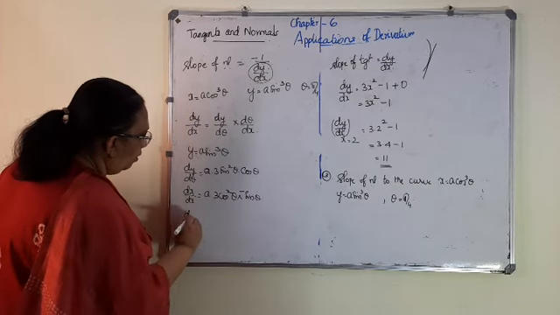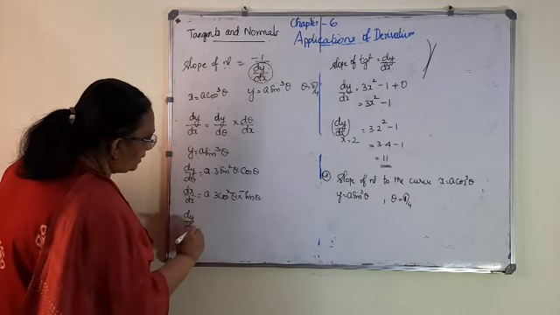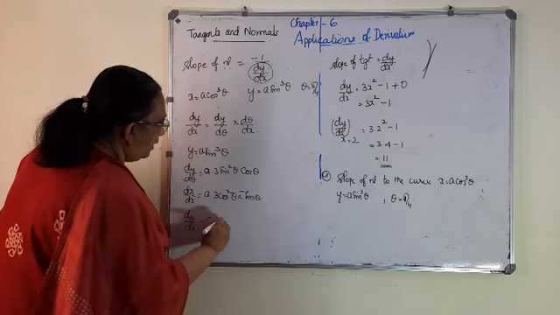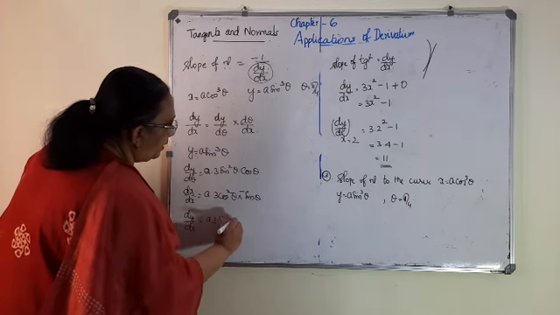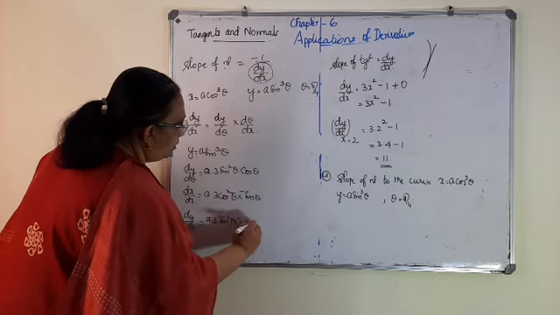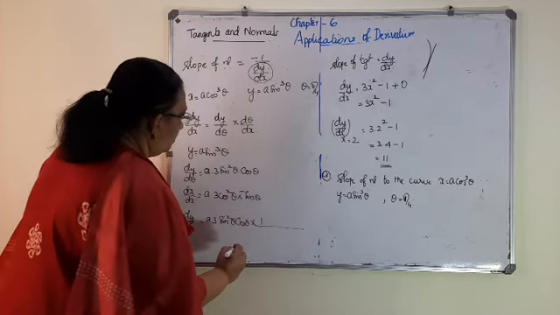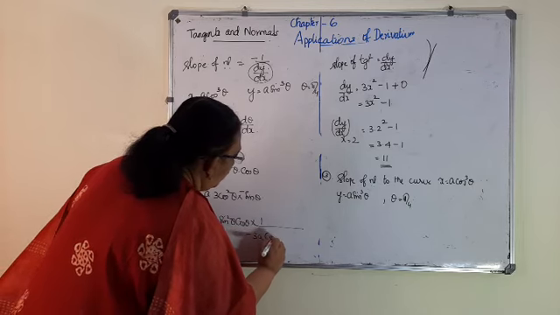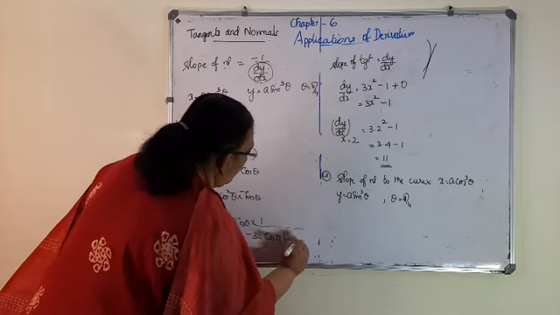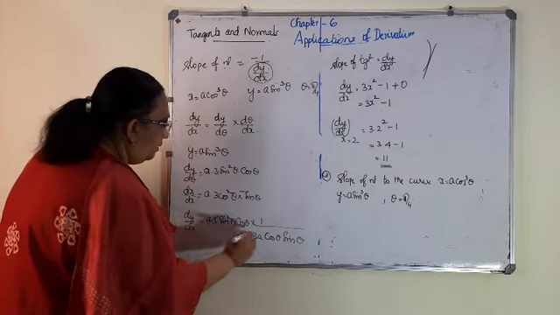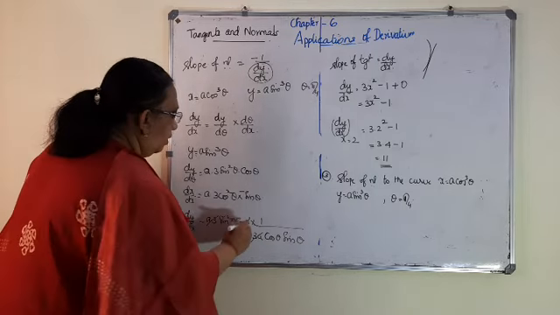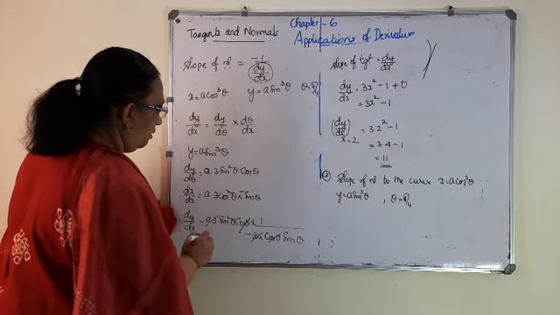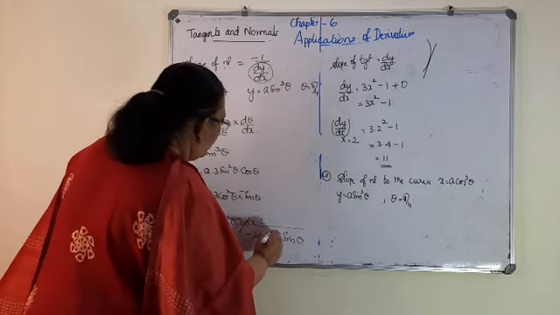So dy by dx is equal to dy by d theta, a into 3 into sin squared theta cos theta, into 1 by minus 3a cos squared theta sin theta. 3a cancel. Cos theta cancel.